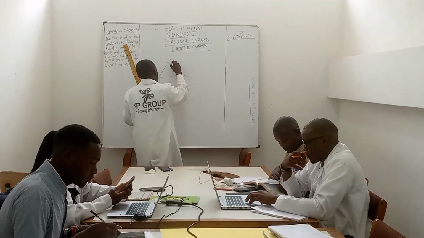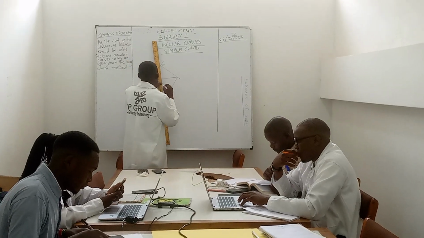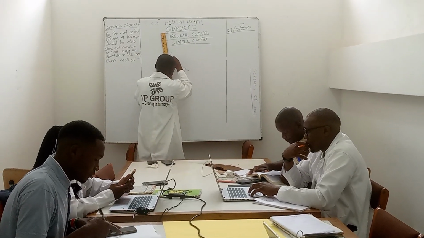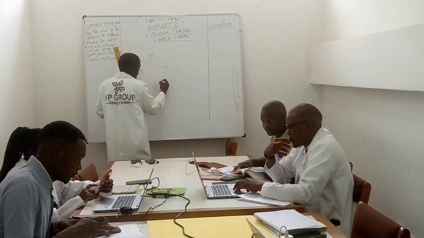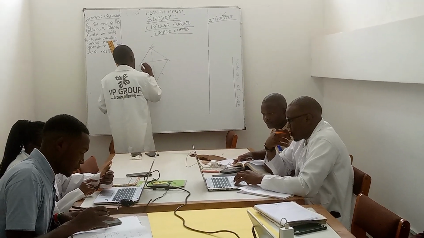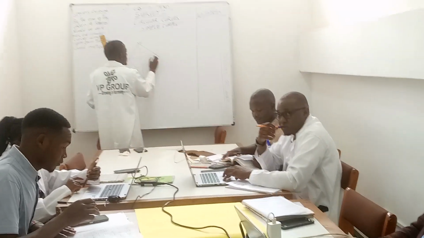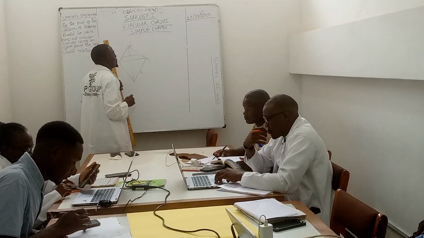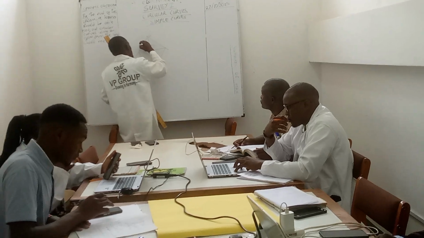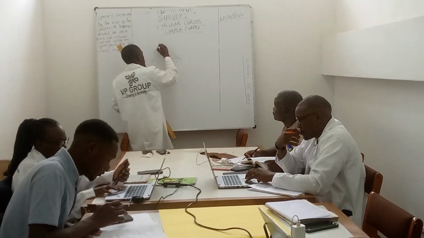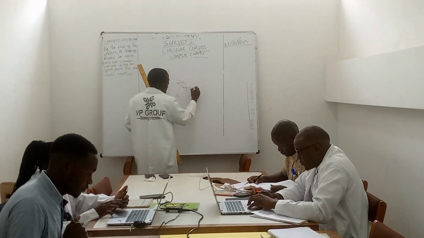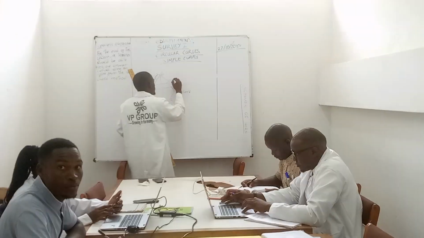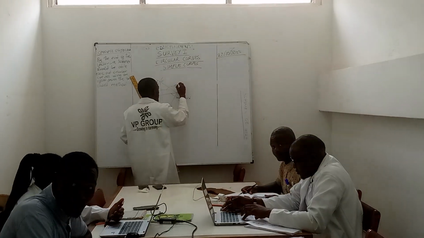Our intersection is here, theta. Our radius is this. Assume our curve is something. This is our tangent. This is our long chord. And this is the curve length.